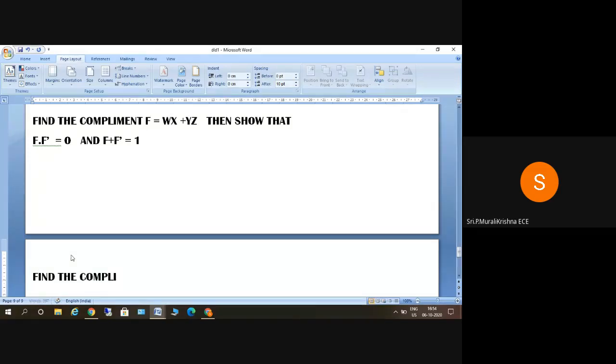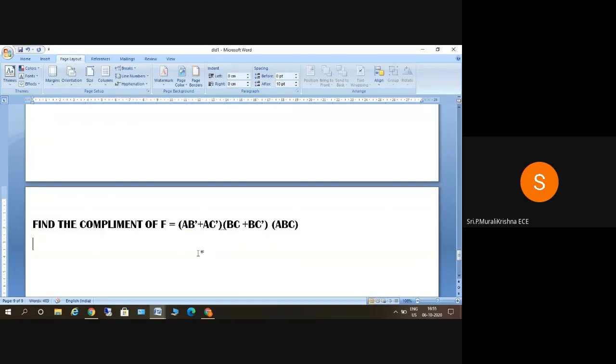Find the complement of f is equal to AB bar plus AC, BC plus BC bar, the value of ABC.